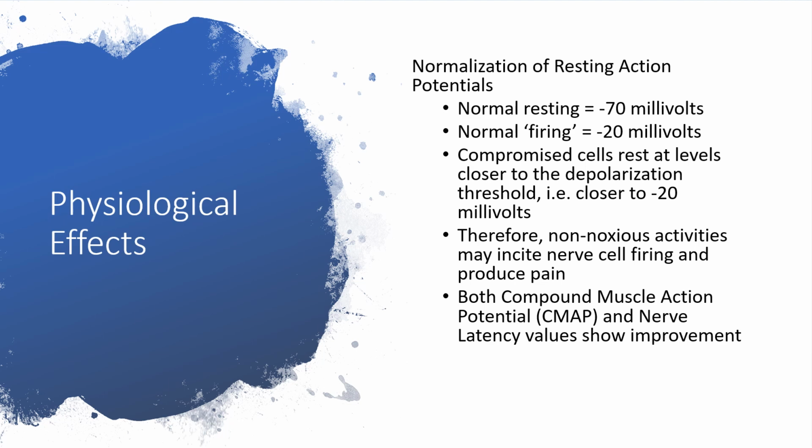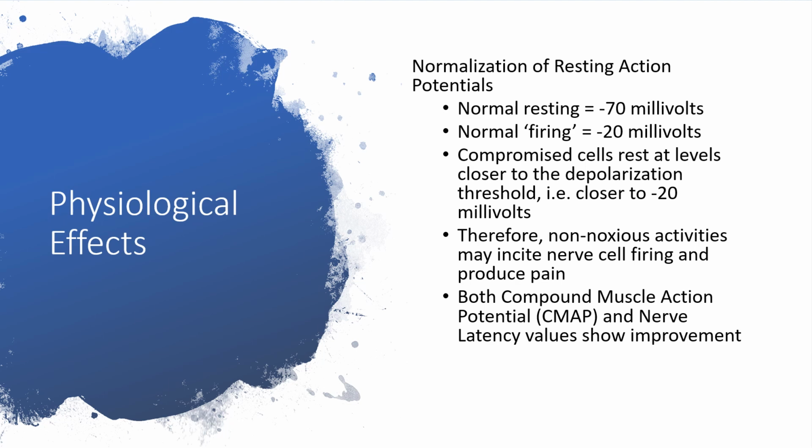Normalization of resting action potentials. Researchers have noted a normalization of nerve cell action potentials secondary to laser therapy. Healthy nerve cells tend to rest at negative 70 millivolts and fire or depolarize at about negative 20 millivolts.